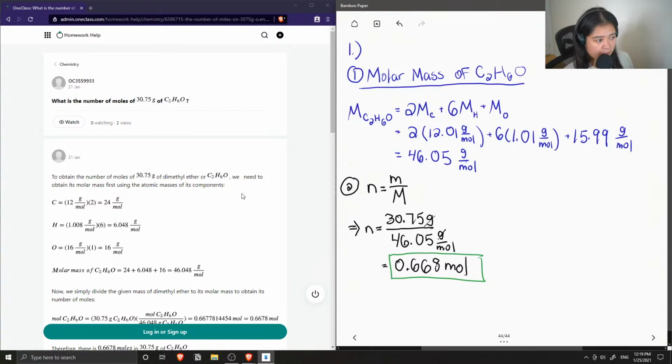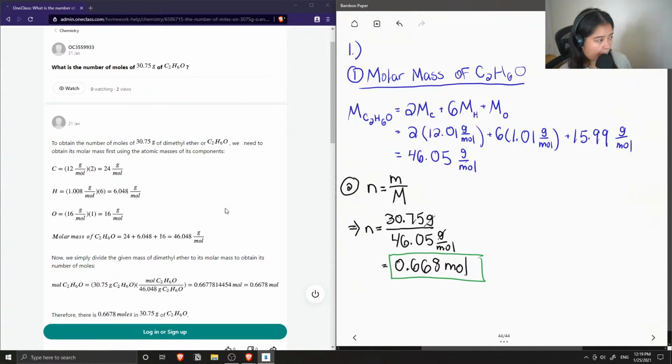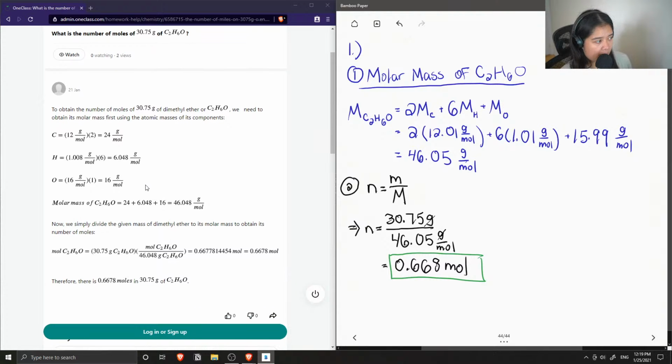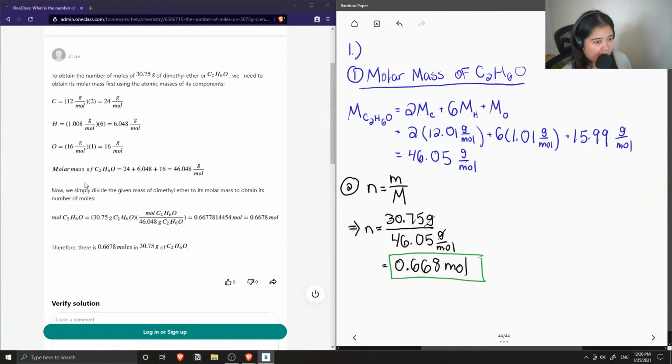Okay, so now let's see what the junior tutor said. To obtain the number of moles of 30.75 grams of dimethyl ether, or C2H6O, we need to obtain its molar mass first using the atomic masses of its components. So they showed all the different steps when they multiplied out the molar mass of carbon, hydrogen, and oxygen.